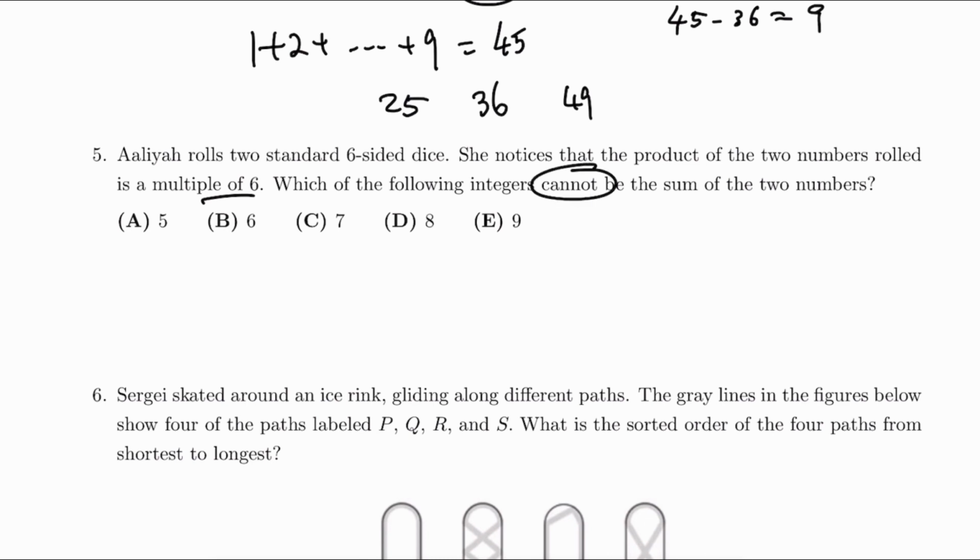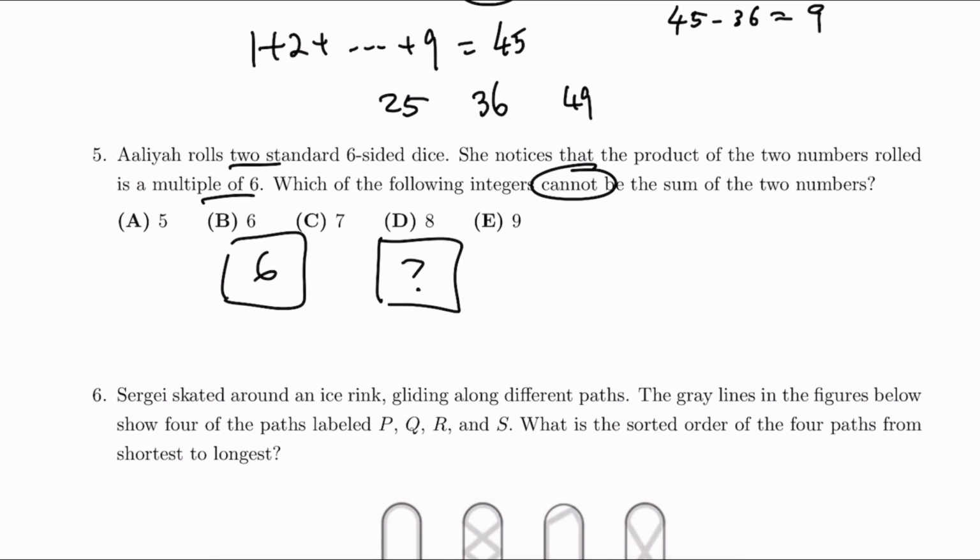So it is a multiple of 6, so we can think, well, if one of the sides is a 6 and we don't know the other one, then their product has to be a multiple of 6 because we're multiplying a 6 with another number 1 through 6, another integer. Therefore, we don't really care about the next one.